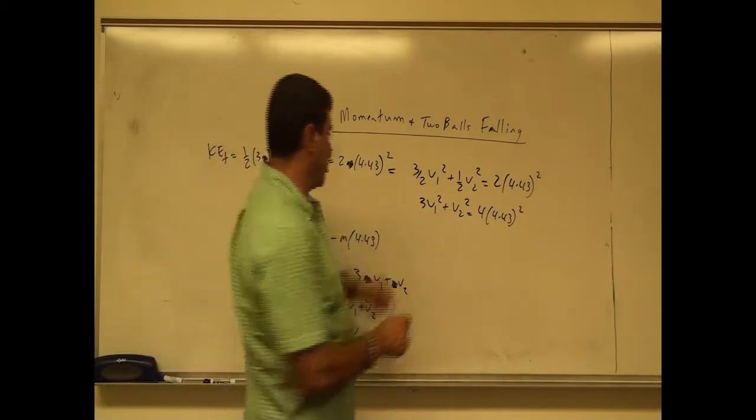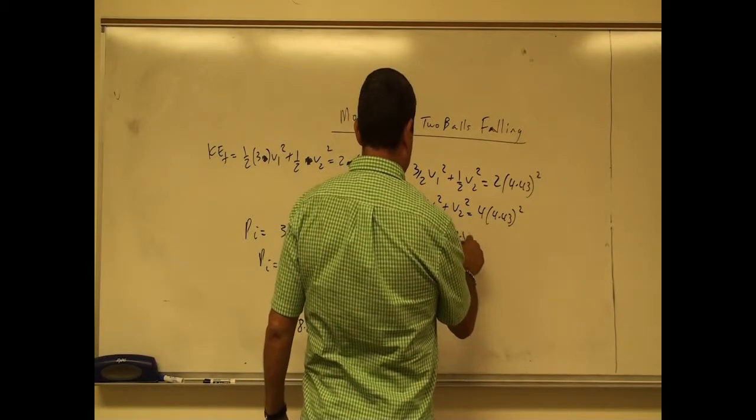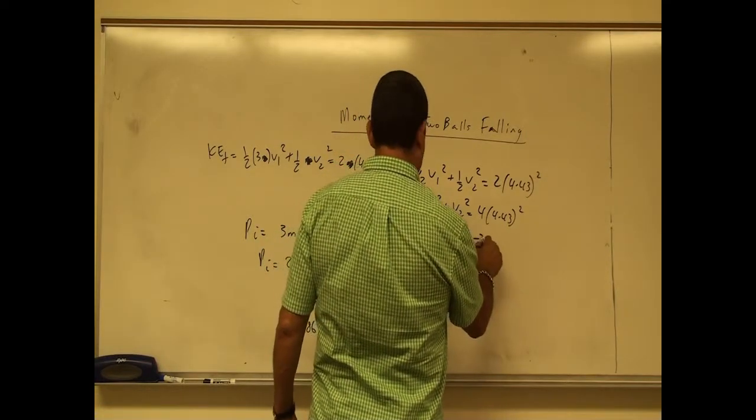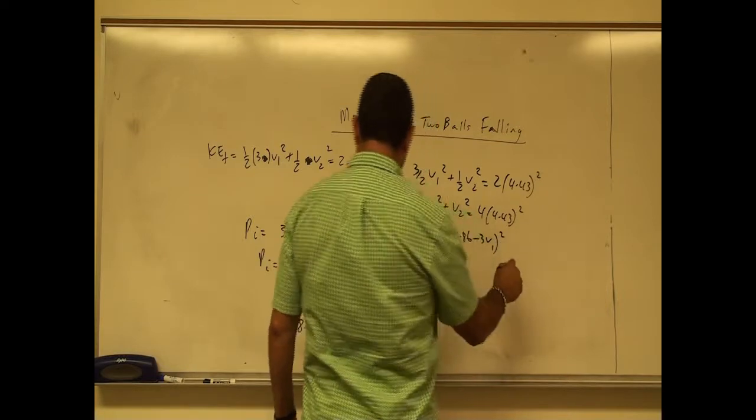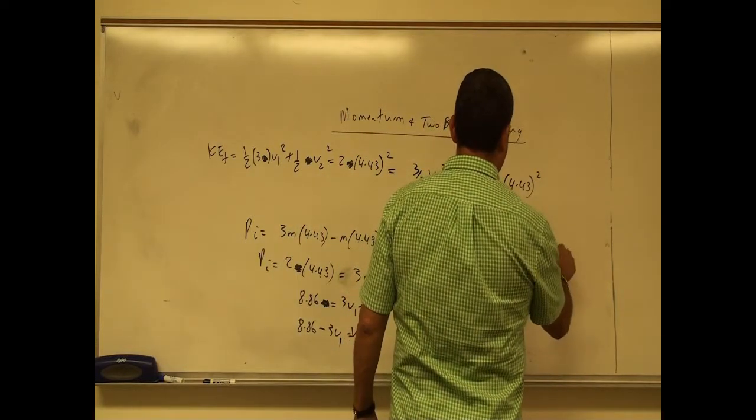And then I can substitute that there. 3v1 squared plus (8.86 minus 3v1) squared is equal to 4 times 4.43 squared.